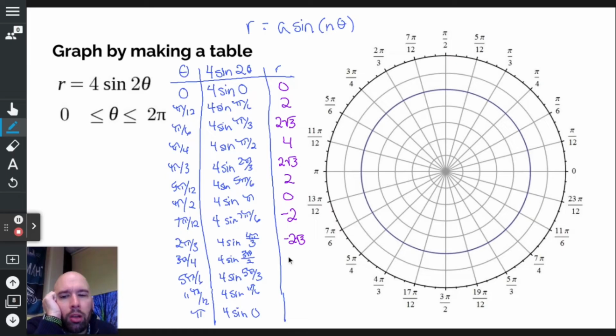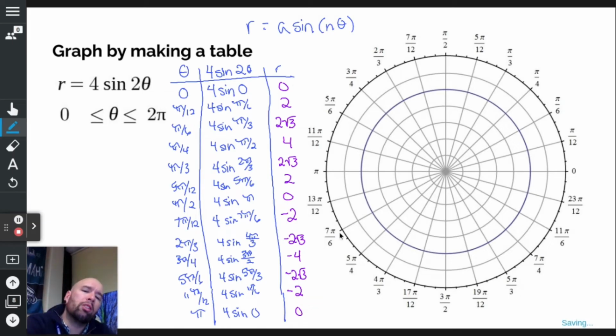So that's negative 4. And some of you might be able to see the pattern forming. This is negative 2 root 3 because it's the same as this. This becomes negative 2 because it's negative a half. And now we're back to 0 again.